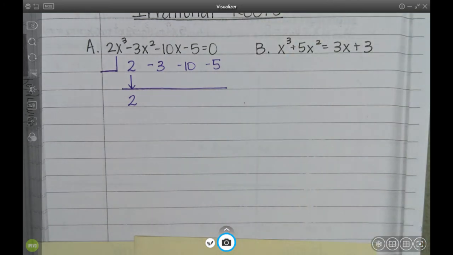How many solutions am I going to have? 3 solutions, because it's an x cubed.